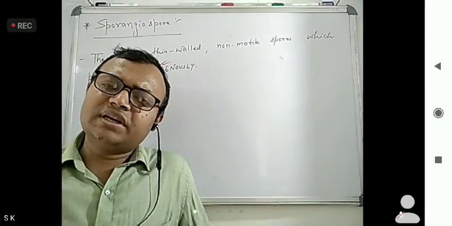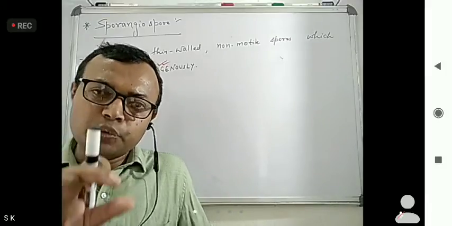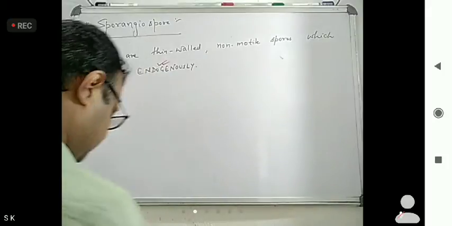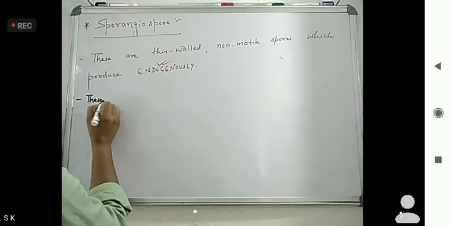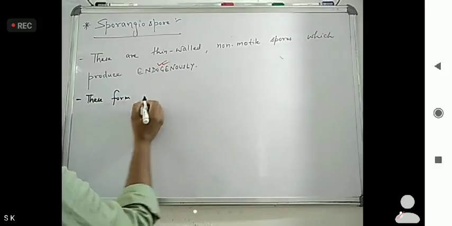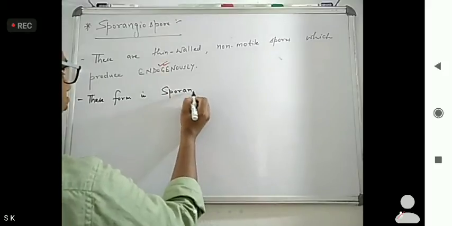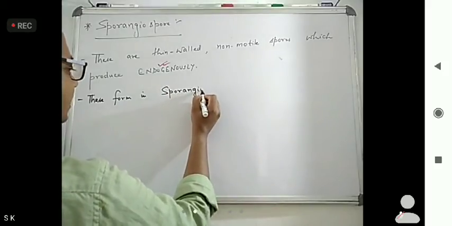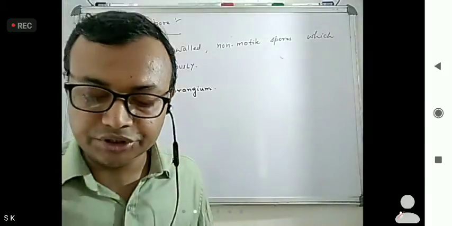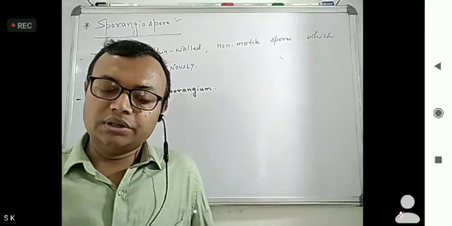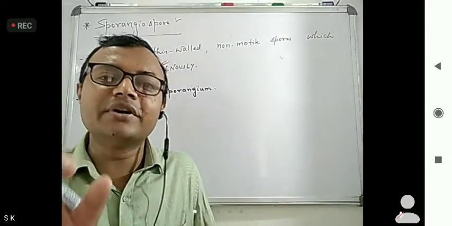Now, these spores form in a bag-like structure, and that is known as the sporangium. So we can say these form in the sporangium. They form inside a sporangium only during favorable conditions.